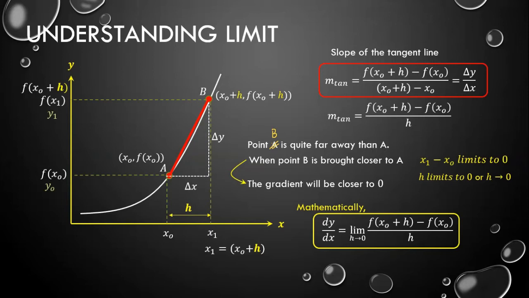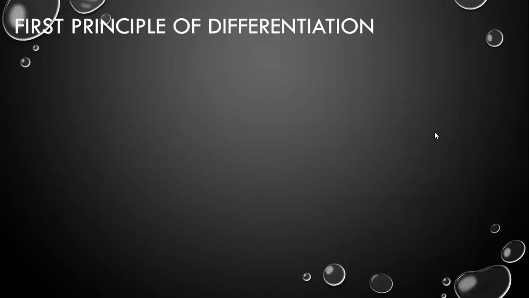So differentiation is dy over dx equals limit h to 0 of f(x0 plus h) minus f(x0) over h. Dy over dx is sometimes called the derivative. This is the first principle of differentiation.